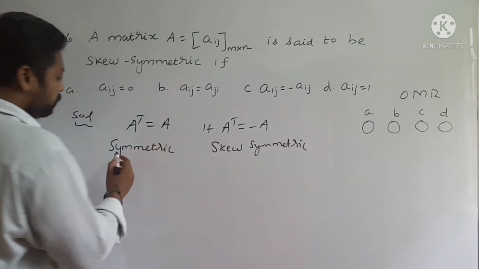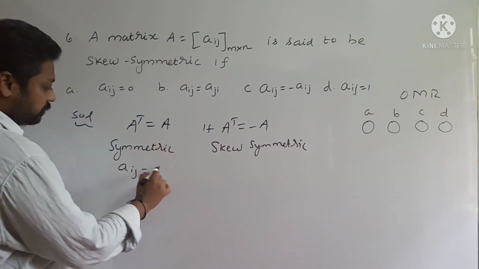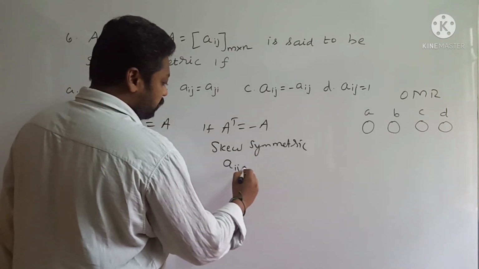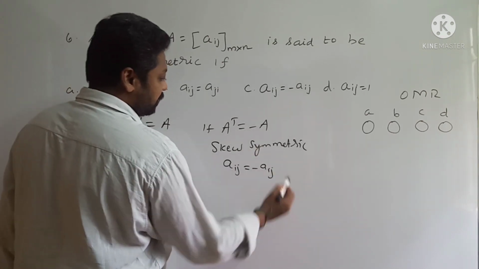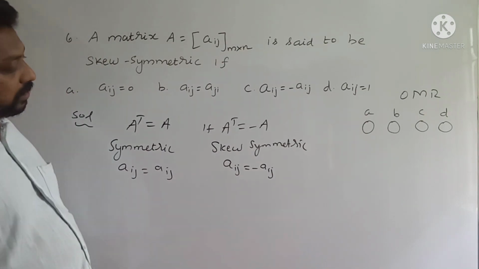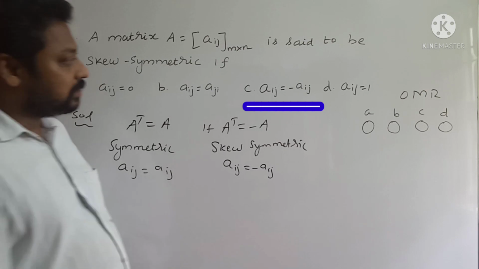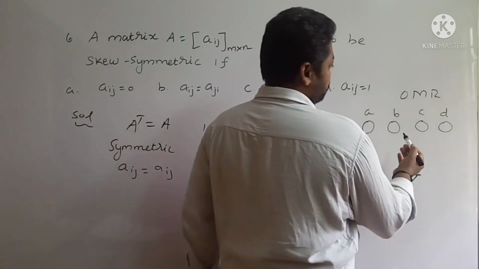For symmetric, aij equals aji; here it is minus, so aij equals minus aji. Where is the option for aij equal to minus aji? It is again option C. So we can shade option C.